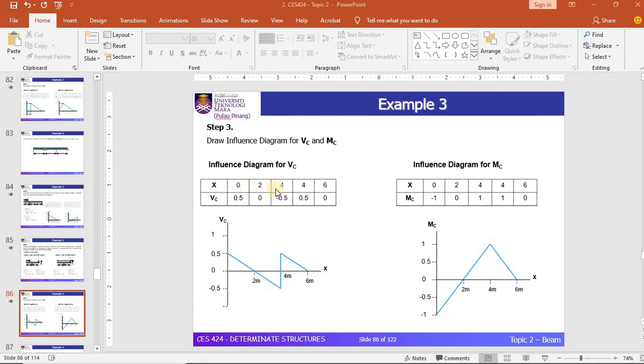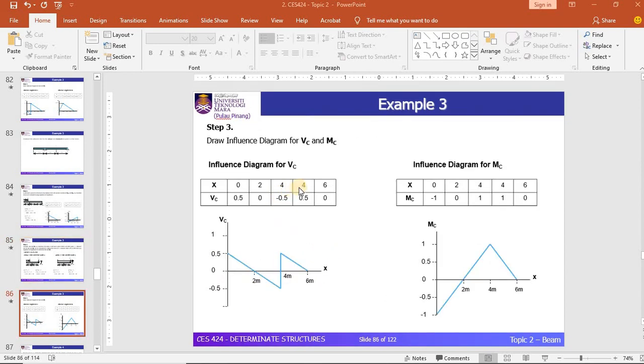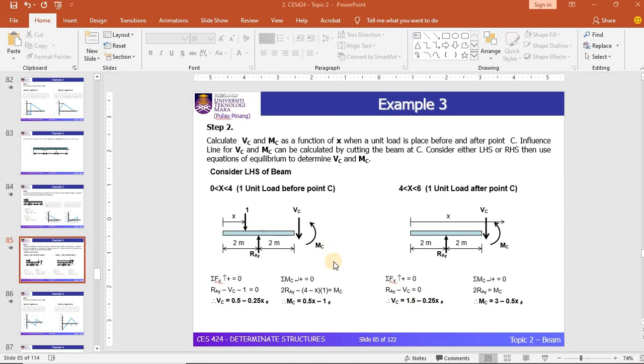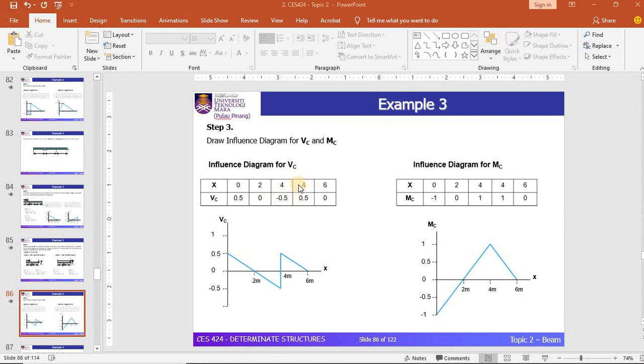From 0 to 4, for the shear force diagram, the values can be obtained by using this equation. For 4 to 6, you can obtain the values of shear force based on this equation. For the shear force, we have two values at point C, which are negative 0.5 and 0.5.